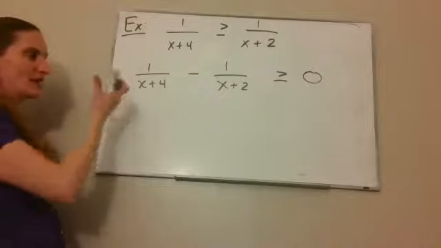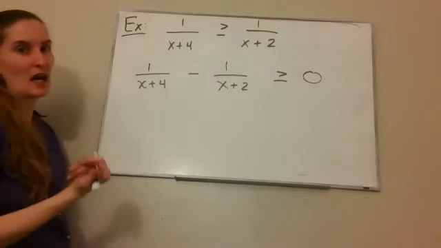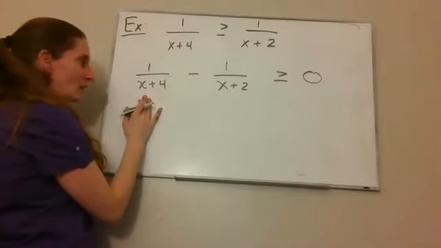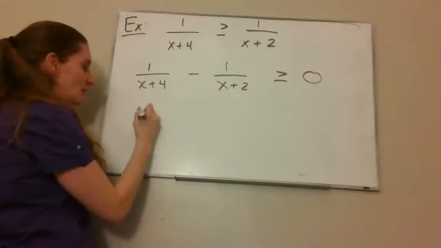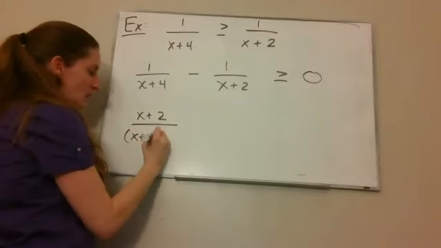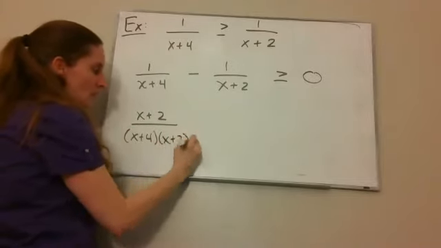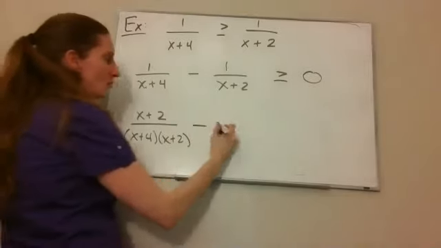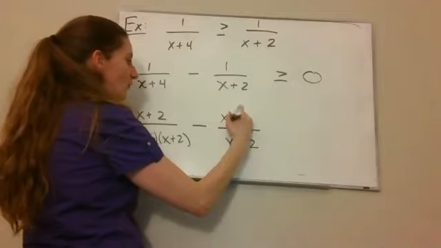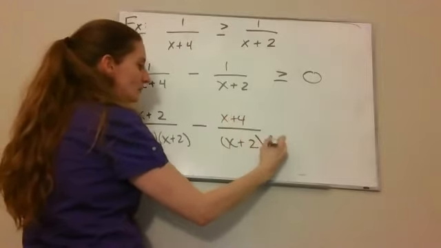Now, in order to write this as a rational function, I need a common denominator. I have to multiply the first guy by x plus 2 over x plus 2. And I have to multiply this other guy by x plus 4 over x plus 4.